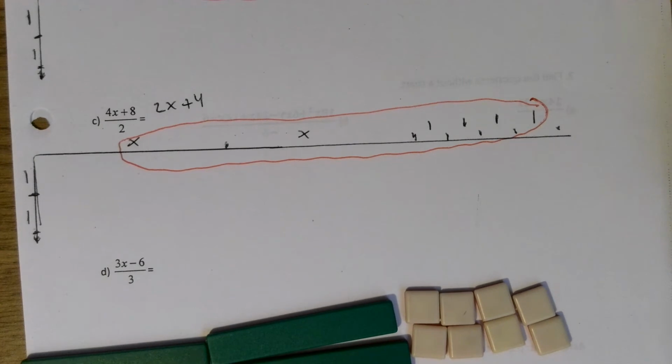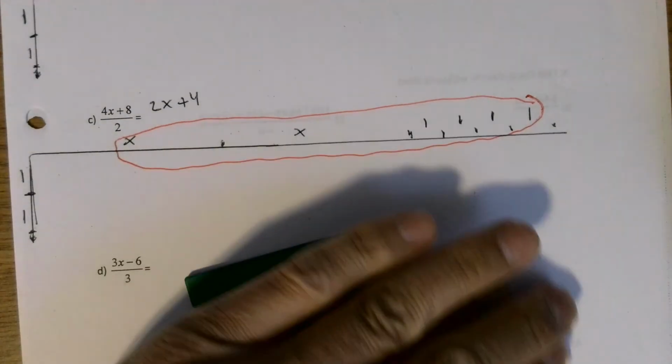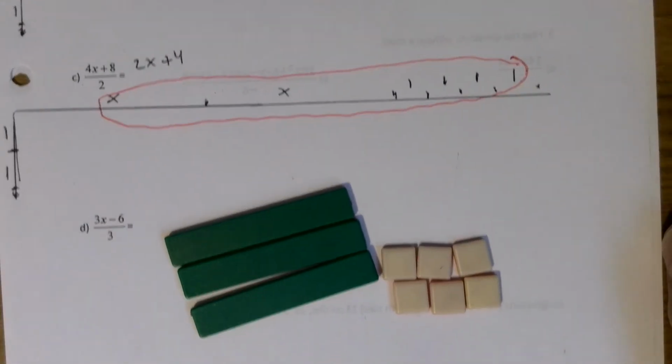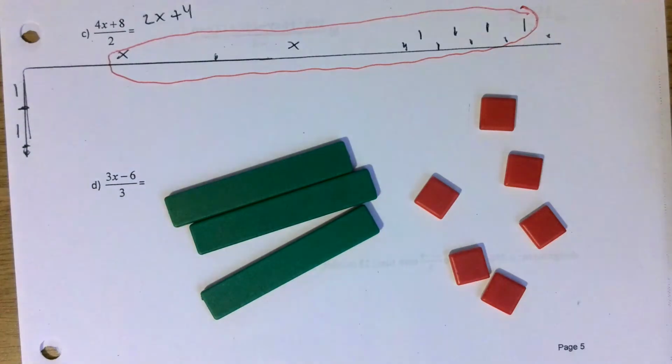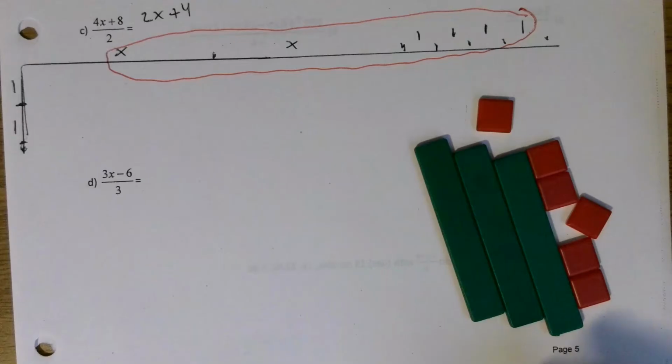Okay, last one, 3x minus 6. Okay, there's my 3x. There's my 6. But I need to make that negative. So these guys need to be negative 6. Okay, step 1 done. Step 2, left and top edge.